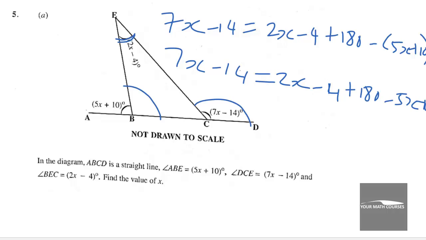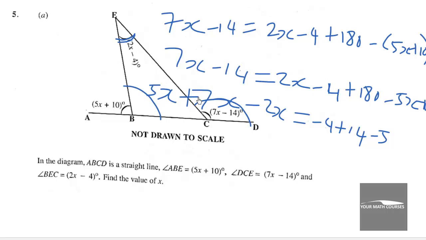So we group the x terms. 7x minus 2x is equal to negative 4 plus 14 minus 5x. So there should be 5x here. 5x will come here plus 7x. Then we have minus 10 here plus 180, and then we have minus 10.